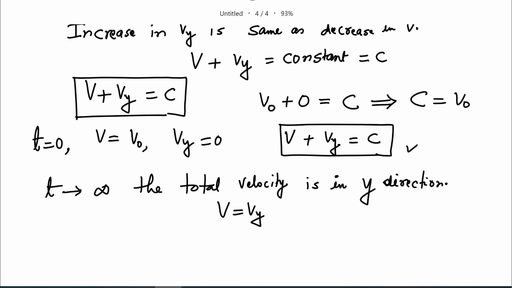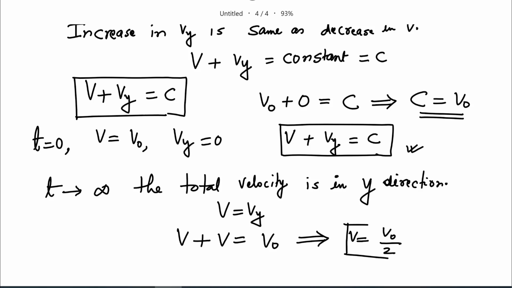If I plug this value in this equation, we have v plus v is equal to constant c, and c we already know is equal to v naught. So from here we can say v is equal to v naught by 2. So after a long time, this block will be moving with a terminal speed, and the terminal speed will be half of the initial speed, that is v naught by 2.